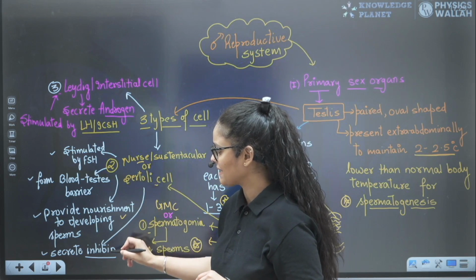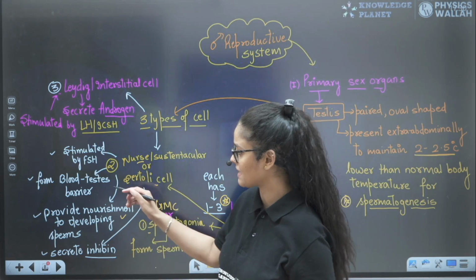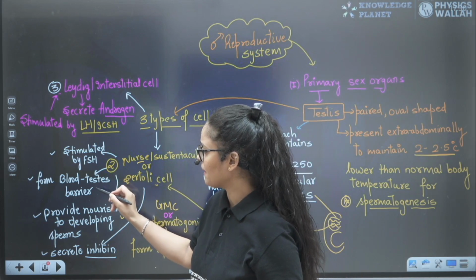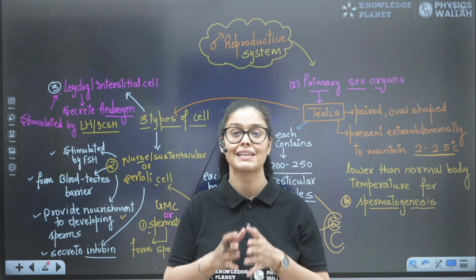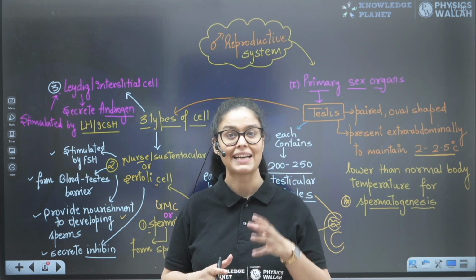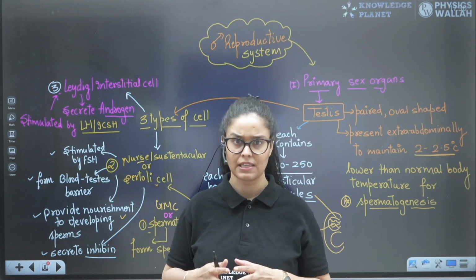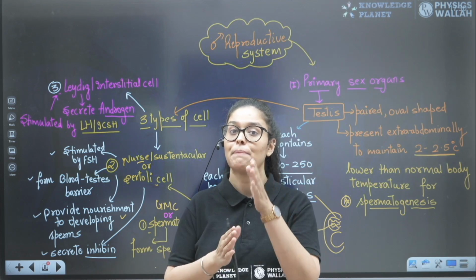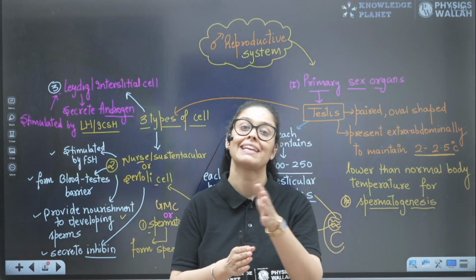It will secrete inhibin. I'll tell you the purpose of inhibin. And it will form the blood-testes barrier. Why does it form a barrier between the blood and testes? Because in blood, a lot of infections or pathogens are present. So there should be a barrier between testes and blood so that these infections will not enter the testes.